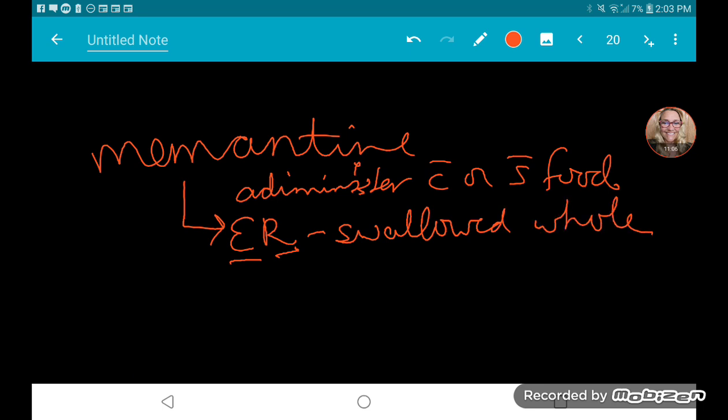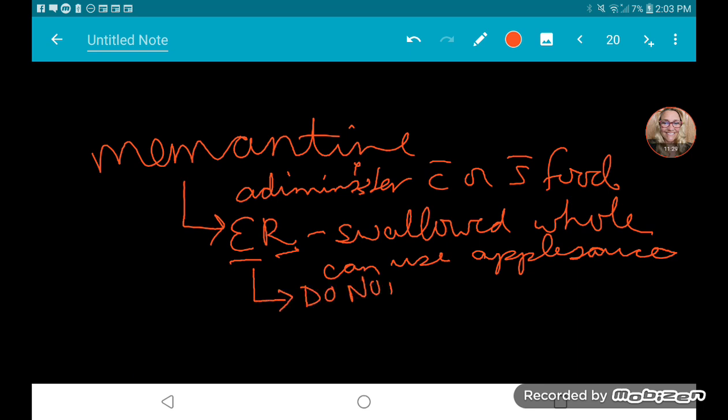They can be emptied into a soft food such as applesauce. But we need to absolutely remember this is extended release. Do not crush and do not chew.